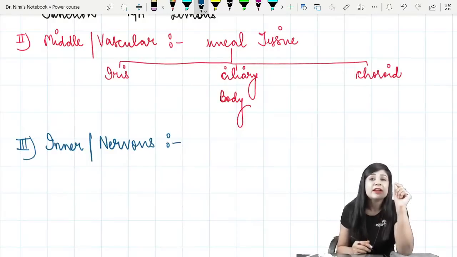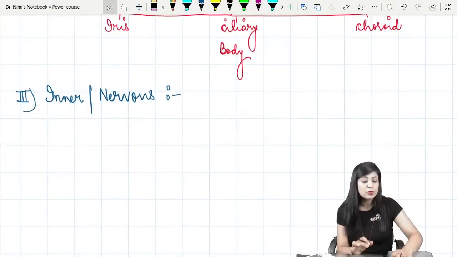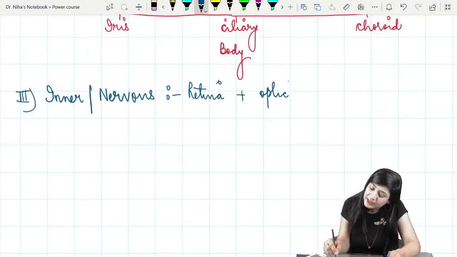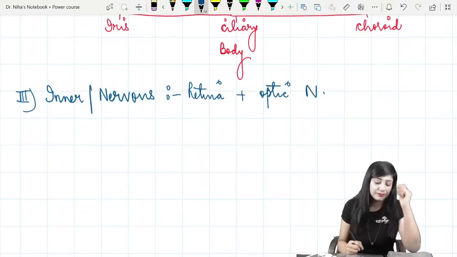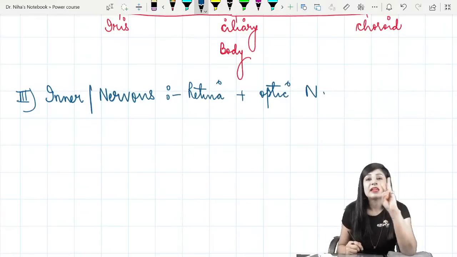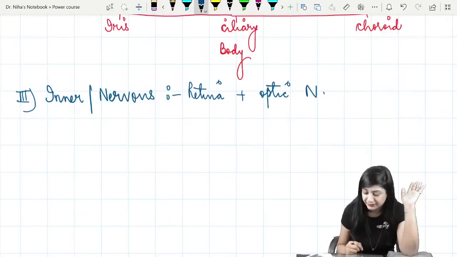That is your nervous coat. So write it with blue color, electric blue. This is the retina and the optic nerve. So 3 colors of our flag and 3 colors of the eyeball. Each color represents a different thing.